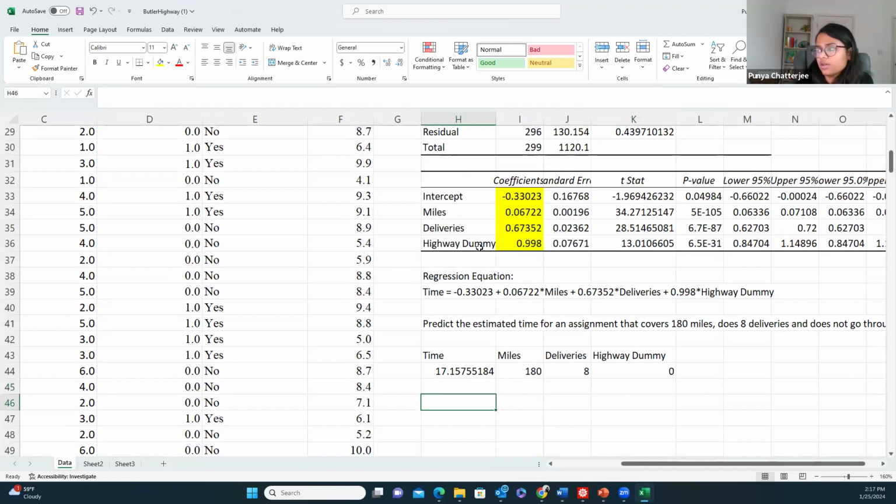And then also similarly, let's say, what would be the interpretation of the 0.998 number? The coefficient for highway dummy.